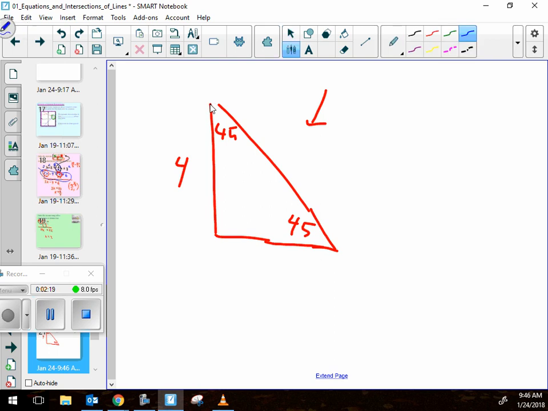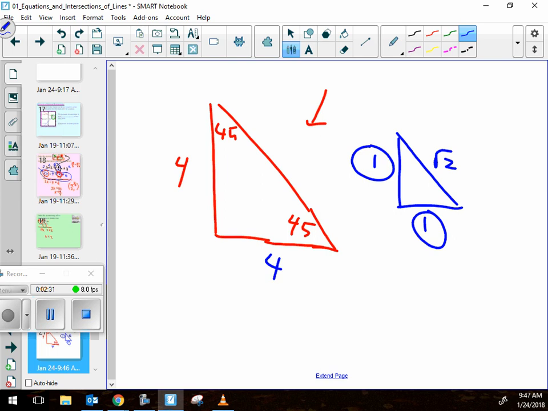I like to then just make my helper triangle next to it and go, well, I know it's supposed to be 1, 1, root 2. So then you can look at this and go, oh, yeah, so these are the same. So that means this is 4. And then if I scale this up to be 4 times bigger, then it'd be exactly right. And so that means this side here must be 4 root 2. Okay, that's why we need to know those for an example.